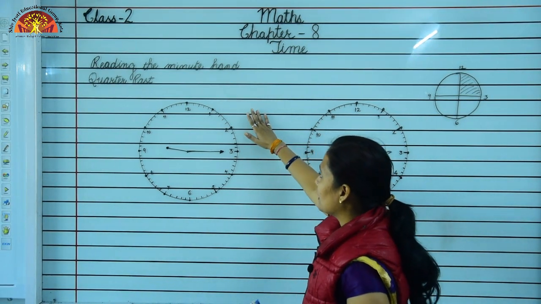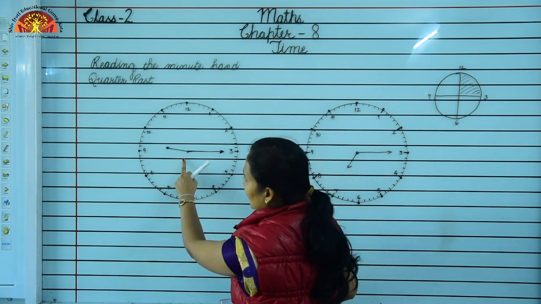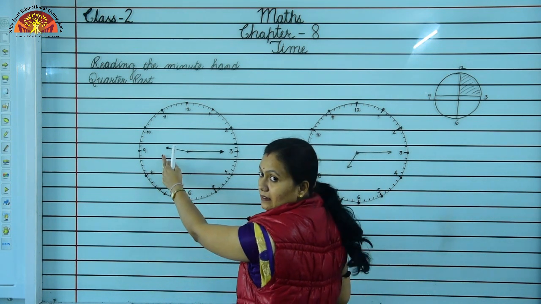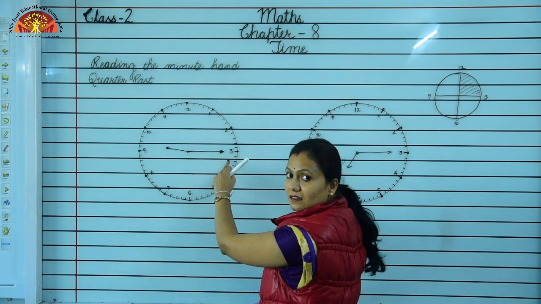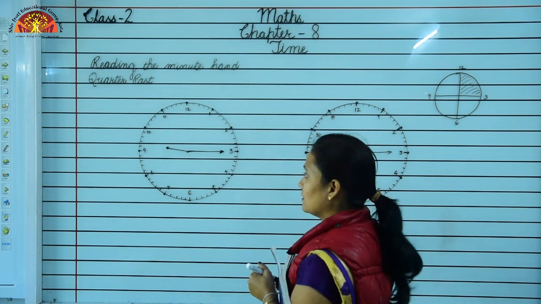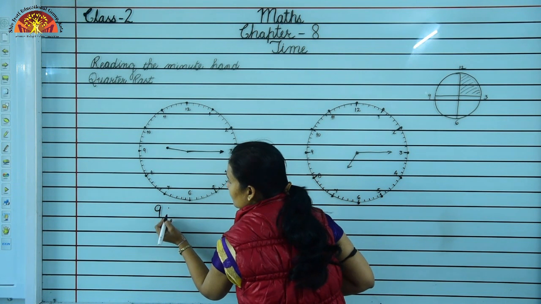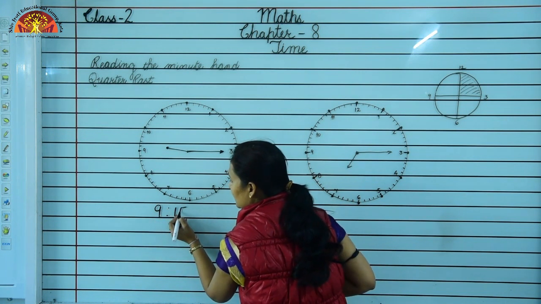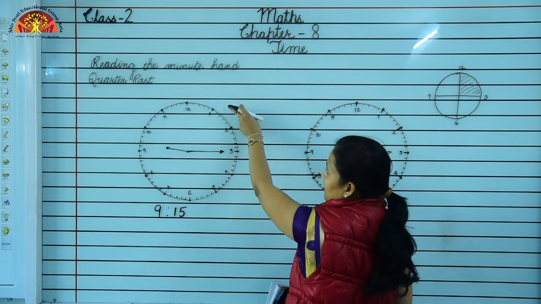Now if the hour hand is at 9 and the minute hand is at 3, we can say the time is 9 hours 15 minutes. How? Let's see from here.